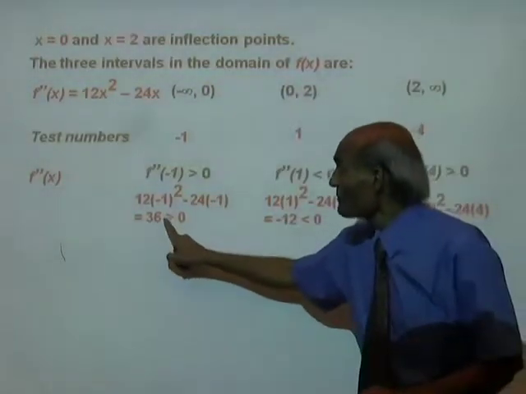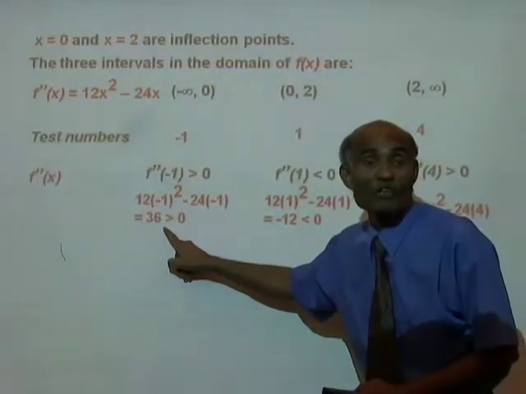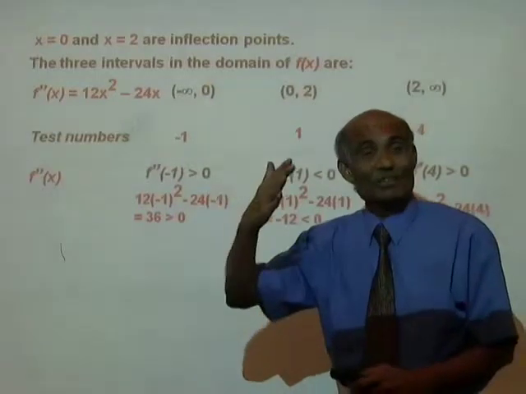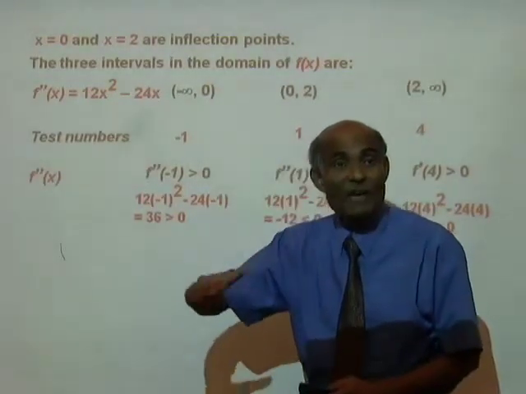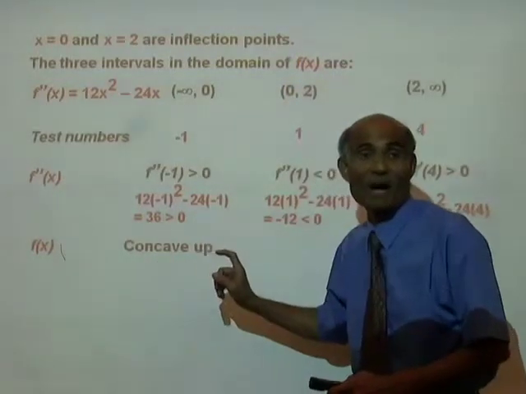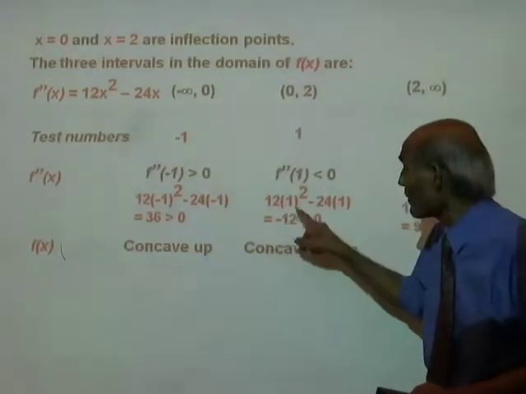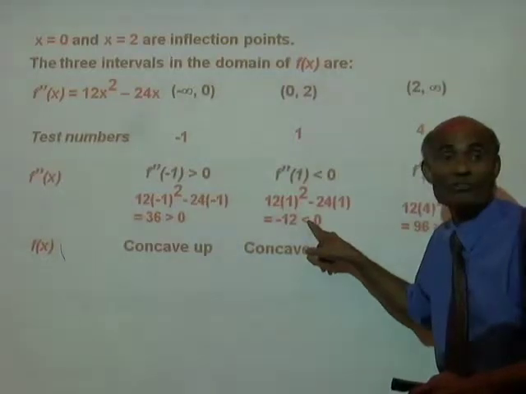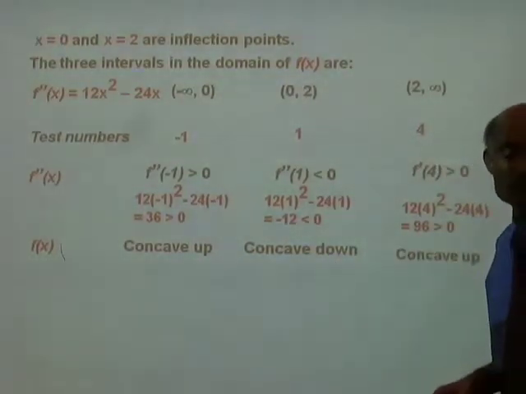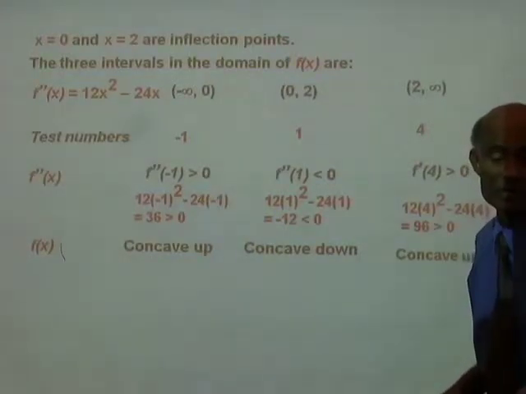Now, if the second derivative is positive, what can you say about the graph of the function? The graph of the function is concave up. The graph of the function is concave down where the second derivative is negative. And the graph of the function is concave up where it is positive.